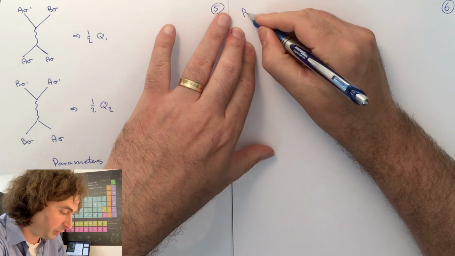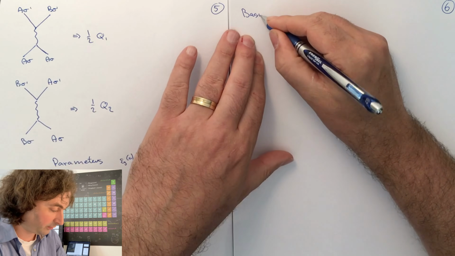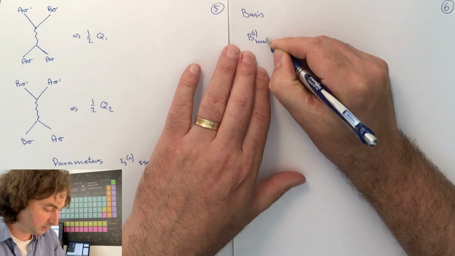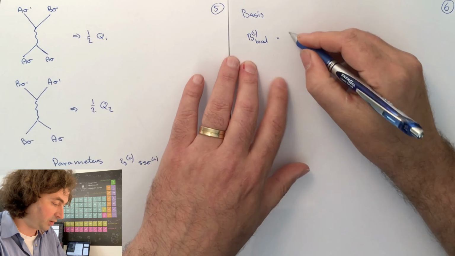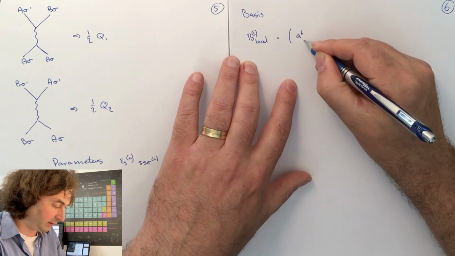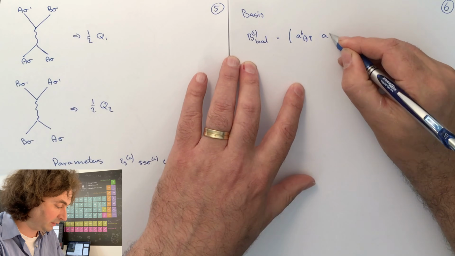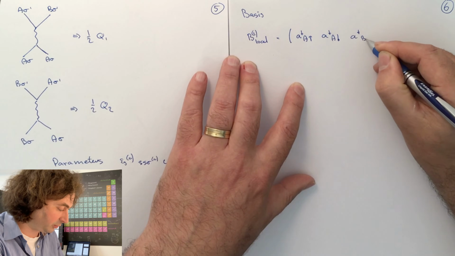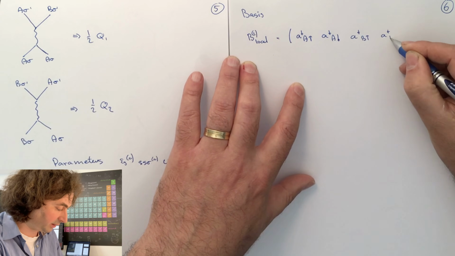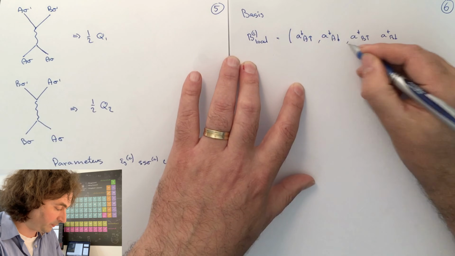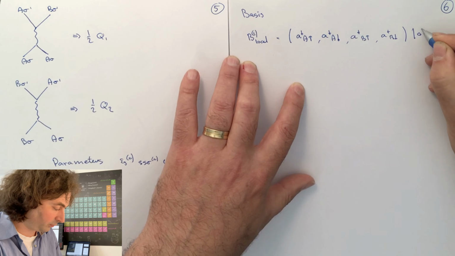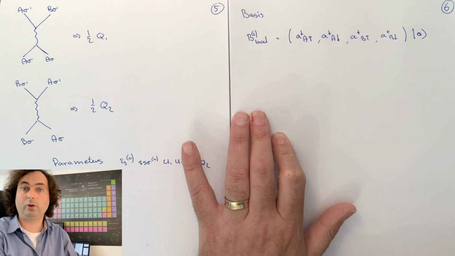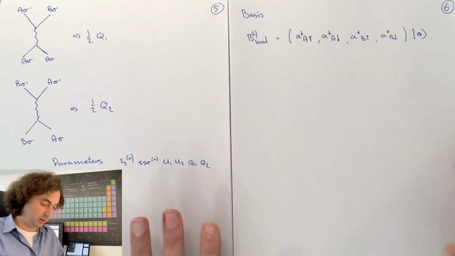For the one particle basis states, we can define a local basis, which is given by either having an electron at side A with spin up, or an electron at side A with spin down, an electron at side B with spin up, or an electron at side B with spin down. So these are the 4 states that we have on a local basis for the single particle states.